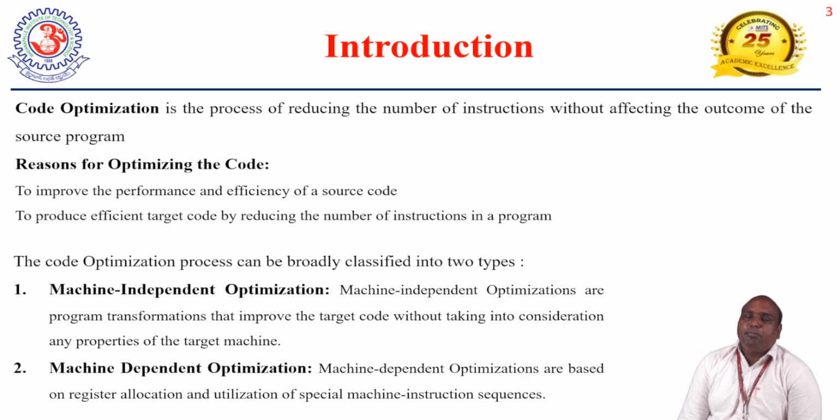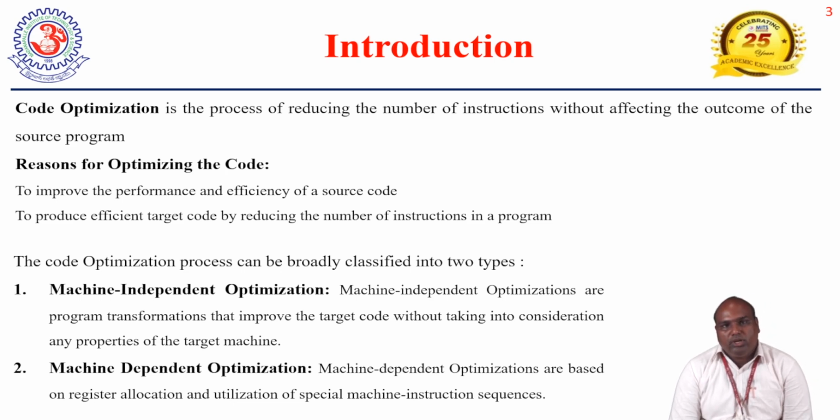What is time complexity here? How much time is required to execute a particular source code or instruction. Space means how much memory is required for the computer to store the particular source program.